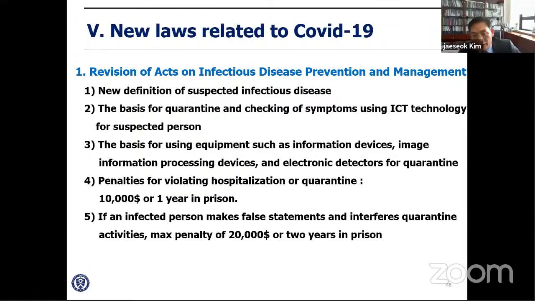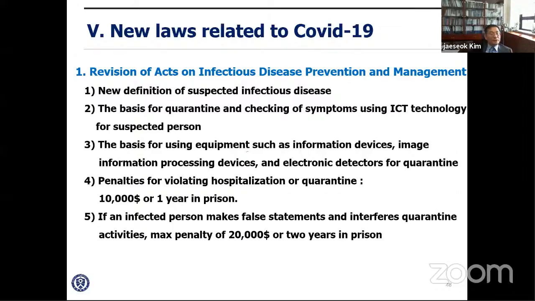In order to carry out these quarantine activities in an efficient way, appropriate laws have been revised. The first one is to add a new definition of suspected infectious disease.